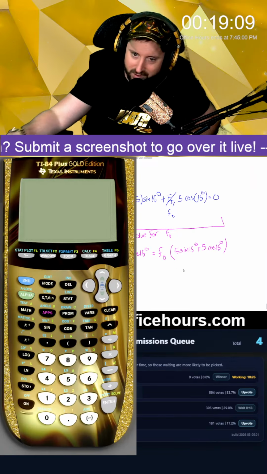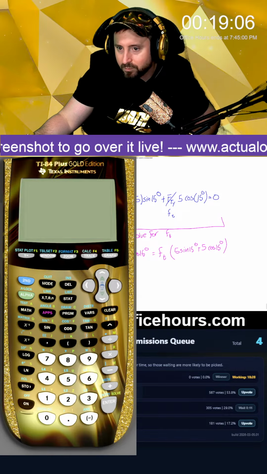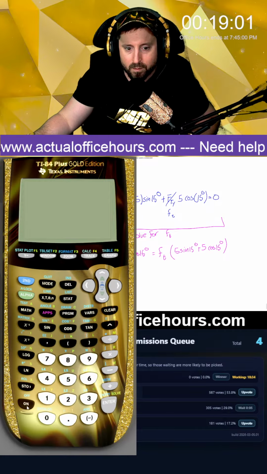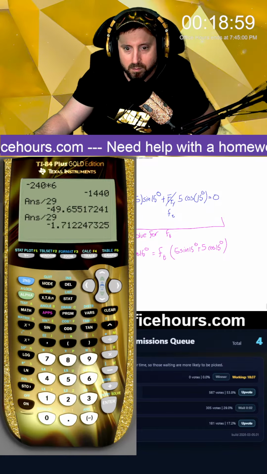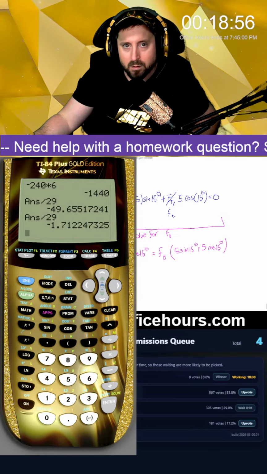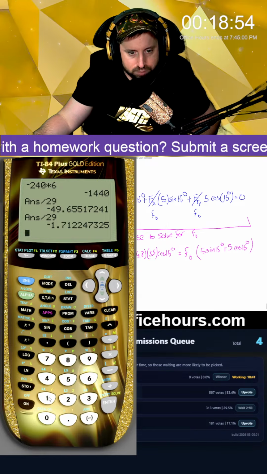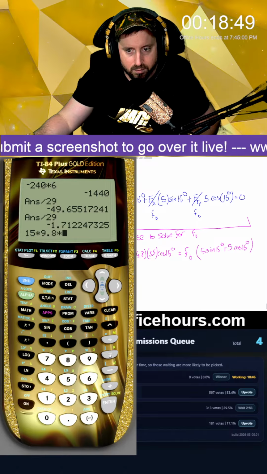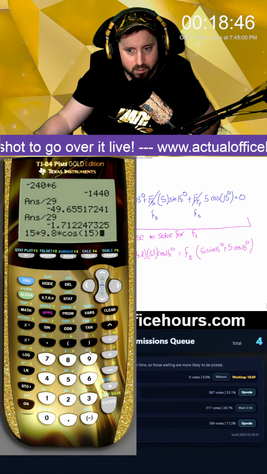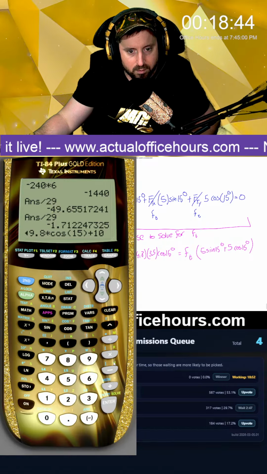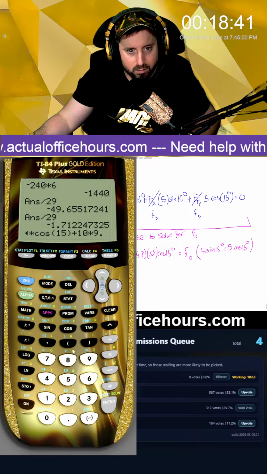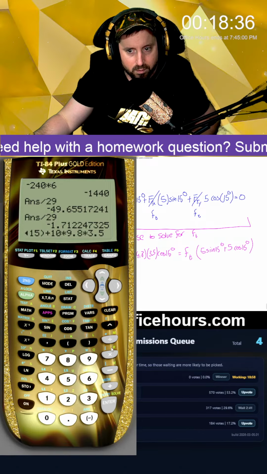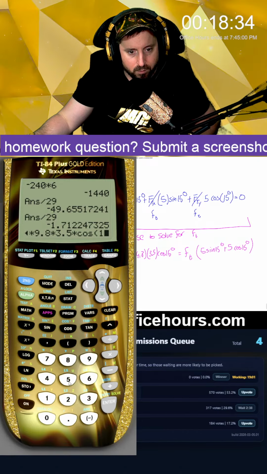Okay. All right, let's get the calculator out. All right, 15 times 9.8 times the cosine of 15 plus 10 times 9.8 times 3.5 times the cosine of 15 degrees.